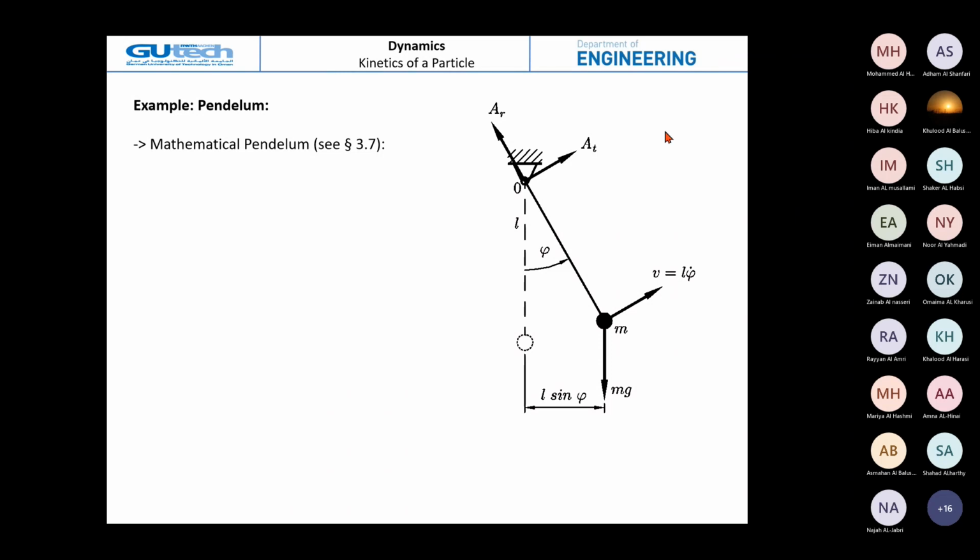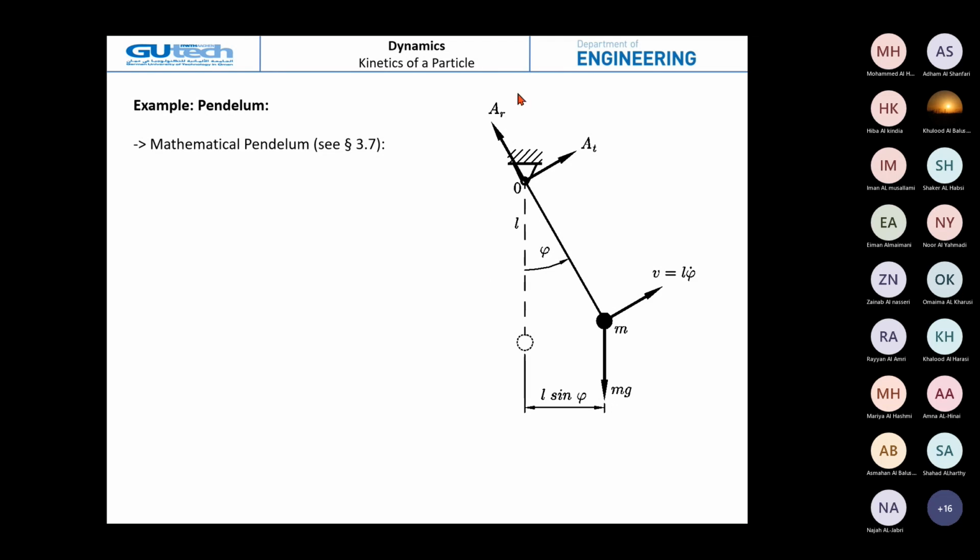Now, if we take this case, we have the mass m and the rod, let's say O and m. We have the weight of the mass point, the particle, mg.